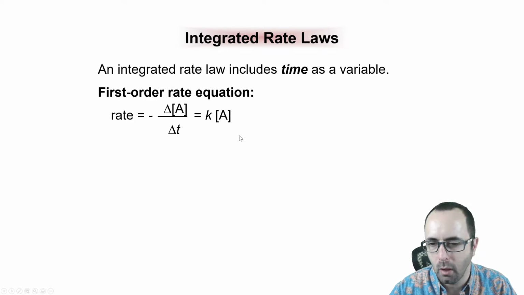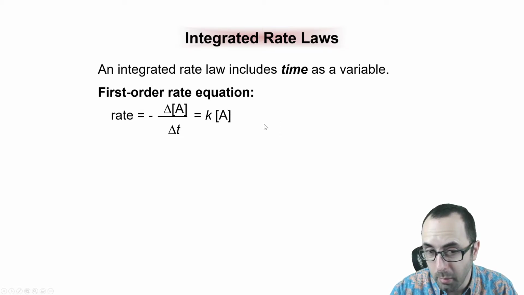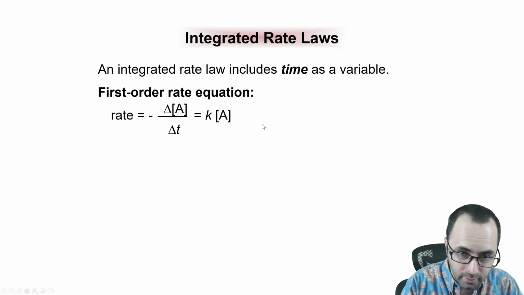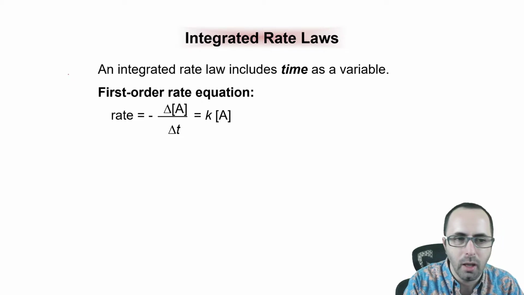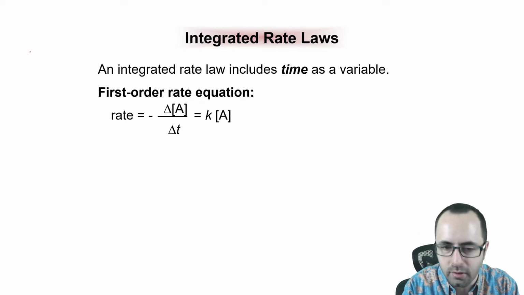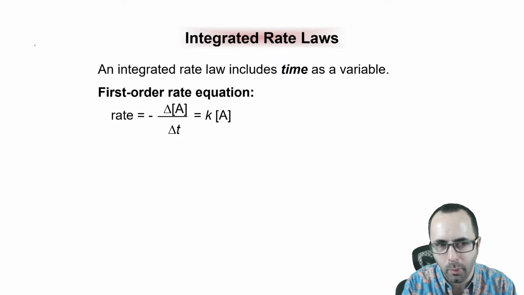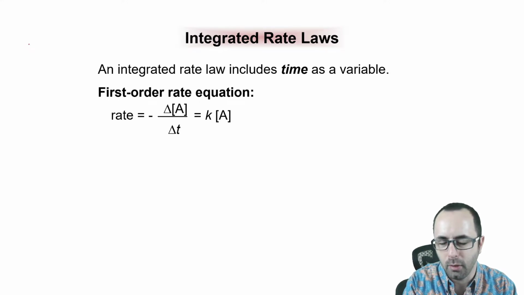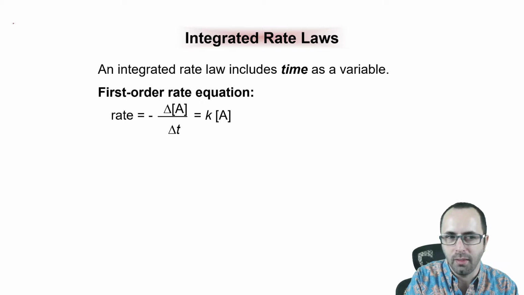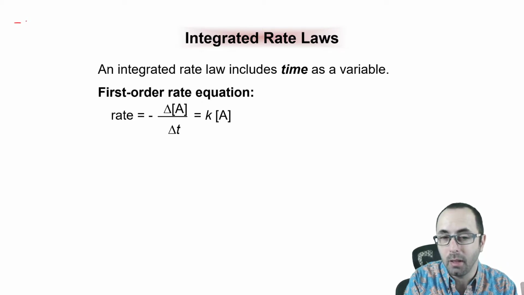Now, I'm going to show you a little bit of calculus in case any of you have calculus, to show you where this comes from. You don't need to understand what's going on here, but I just want to show you why it looks the way it does if you have some exposure to calculus, and also show you that once you get experience in math, you don't have to memorize these.